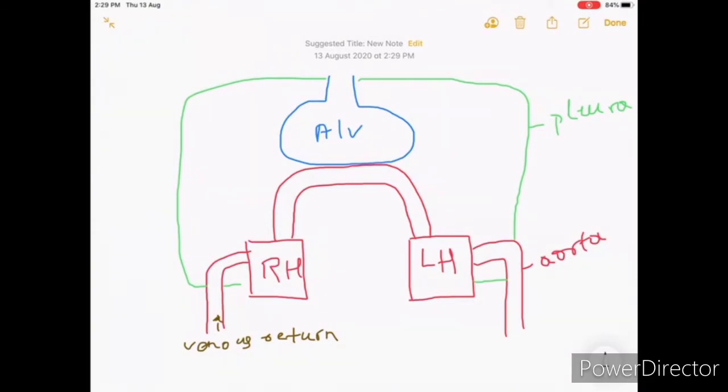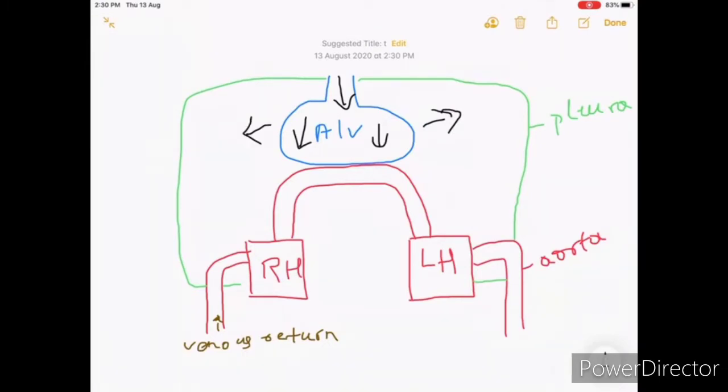First, let's consider what happens during inspiration, that is, when the ventilator gives a positive pressure breath. So, this is air coming in as indicated by the black arrow with positive pressure. This positive pressure is transmitted into the pleura as well.